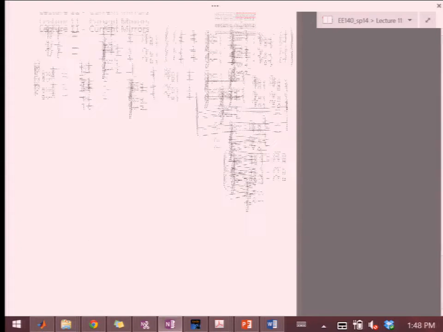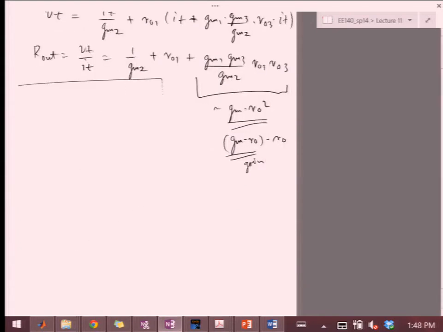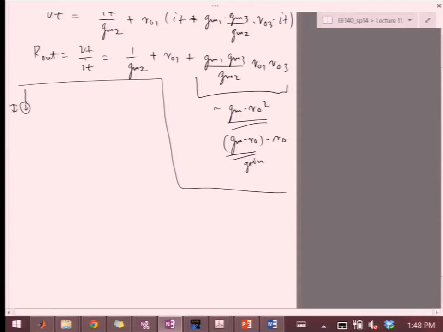Okay. Now another thing that is worthwhile looking at here, and let me just redraw the structure a little bit so we can see better.